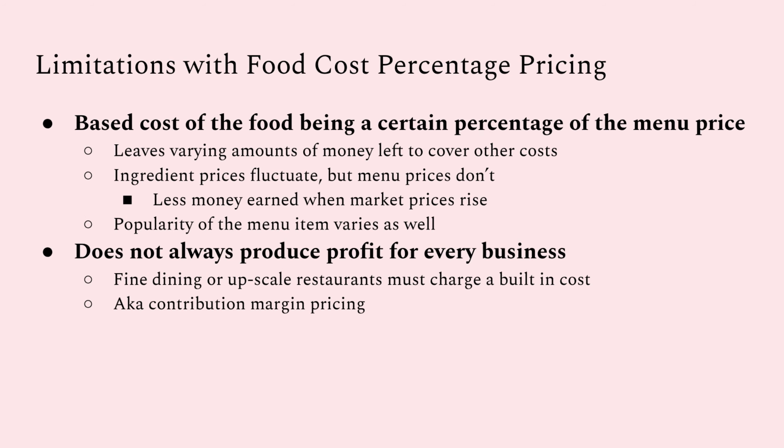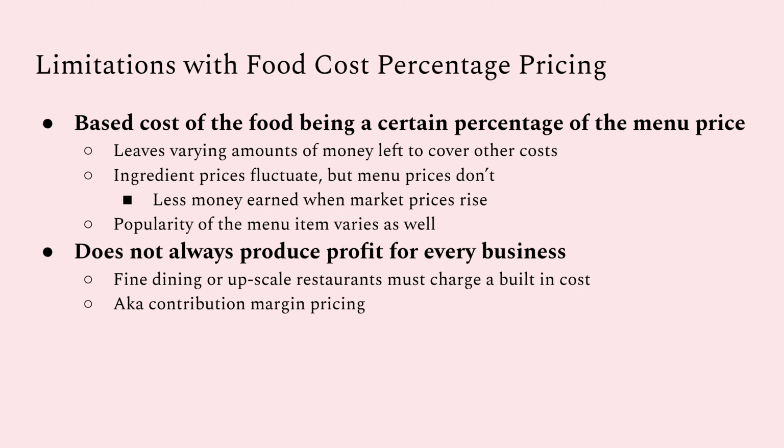So the limitations that we see with food cost percentage pricing, because it is based off the cost of the food being a certain percentage of the menu price, is that this is going to leave a lot of varying amounts of money left to cover other costs, especially those items that have a low perceived value. We have to change the price to make sure that the item is actually moving.